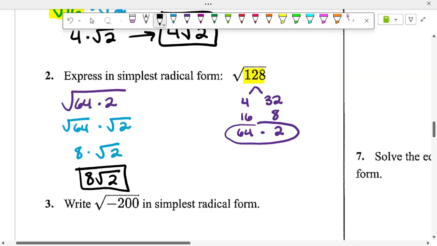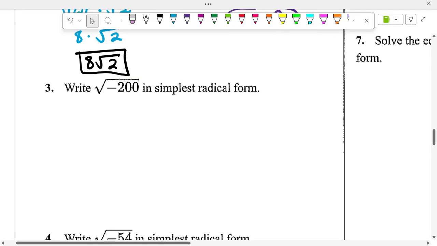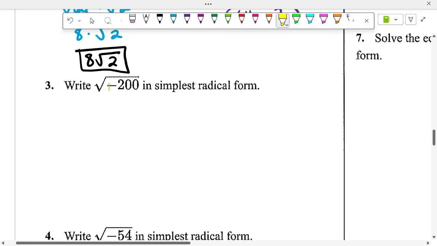All right. Now, that's when we have a positive under the radical. But sometimes we end up with a negative under a radical. Does anyone remember what you do when you have a negative under the radical? Because technically, if you put the square root of negative 200 in your calculator right now, what would it say? Error. It says error. Specifically, what does it say? Error next to it. Does it say syntax, domain? What does it say?